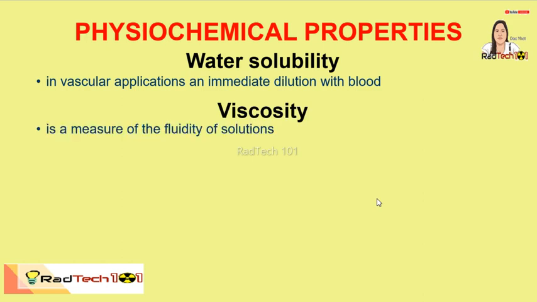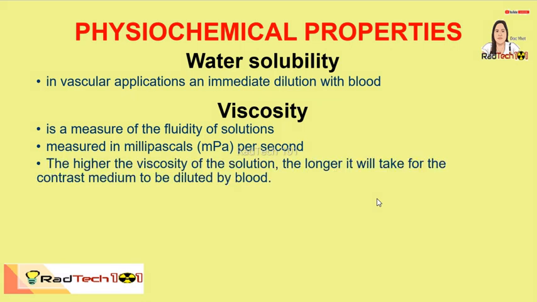For viscosity, this is a measure of the fluidity of solutions and it is measured in millipascals per second. The higher the viscosity of the solution, the longer it will take for the contrast medium to be diluted by blood. Again, viscosity is the ability to resist flow.